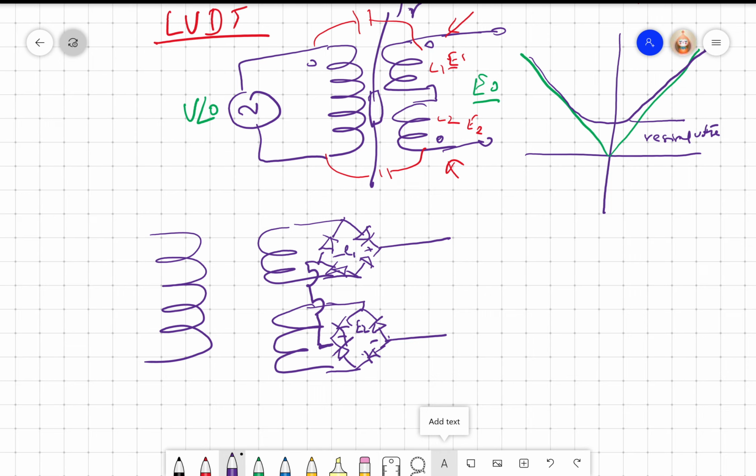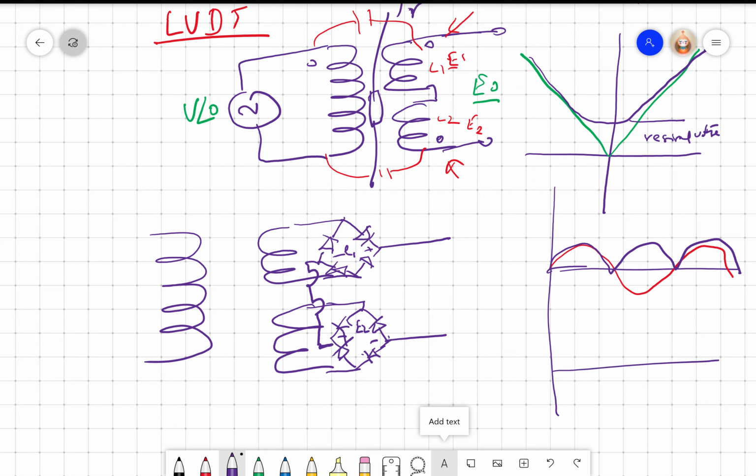So if E1 is a sine wave like this, E2 will be rectified like this, and this voltage, whatever value it is, does not matter, right, because the other half will be rectified like this.